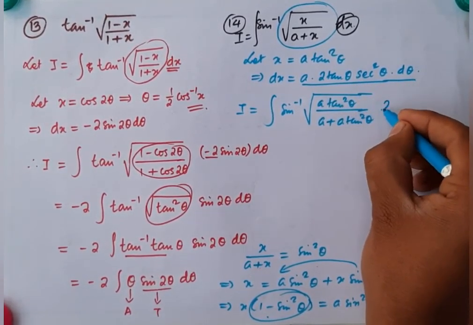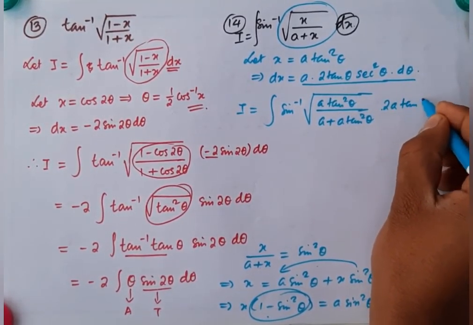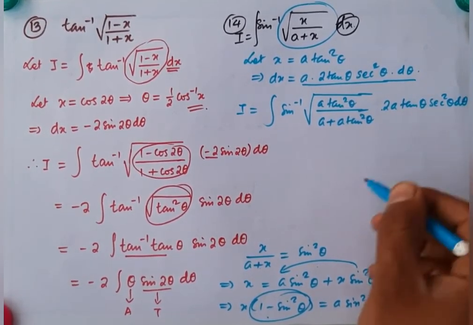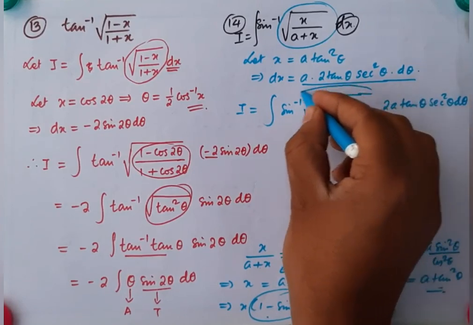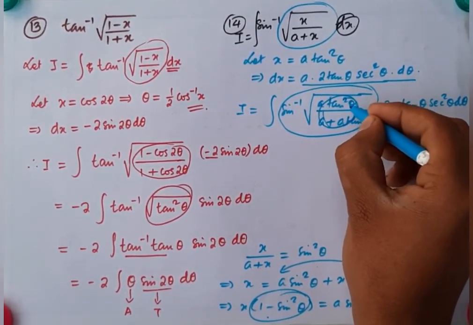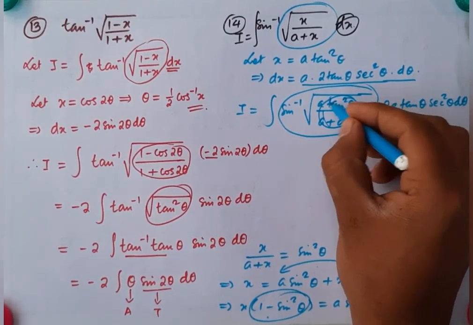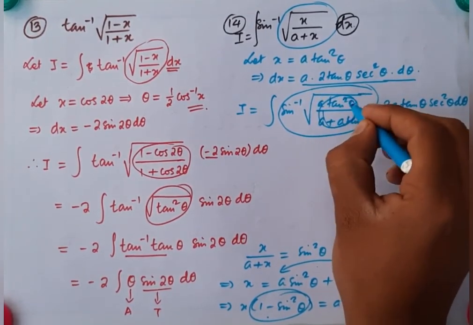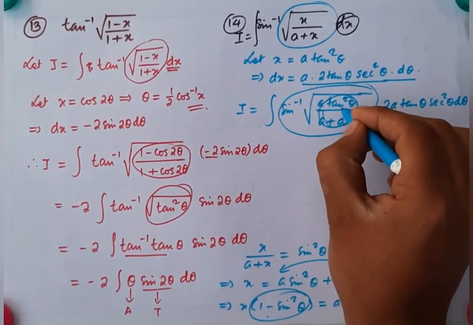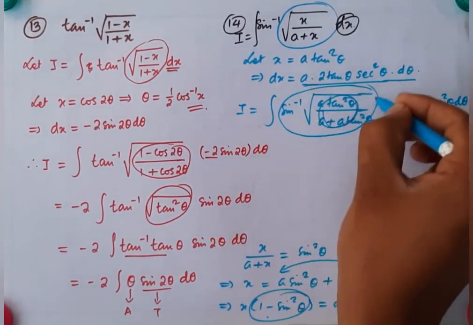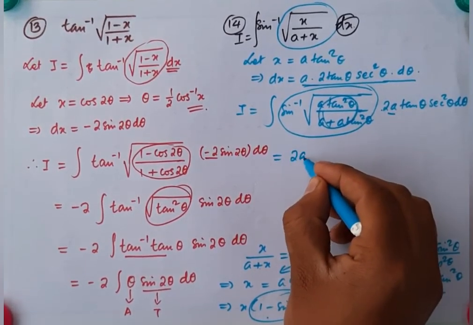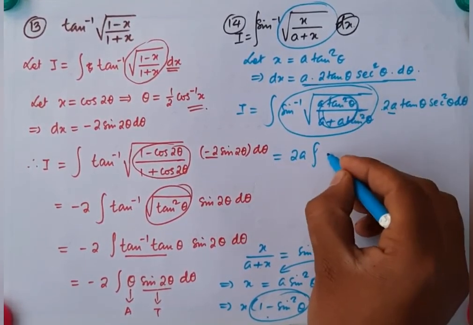So we have 2a tan theta sec square theta d theta. Now you know, see this full thing turns out to be sine square theta. So square root of sine square theta will be sine theta. Please verify, you will definitely get that. So this entire thing, this bigger circle will give me theta. So this 2a is constant, will be kept outside. So this entire thing is theta.